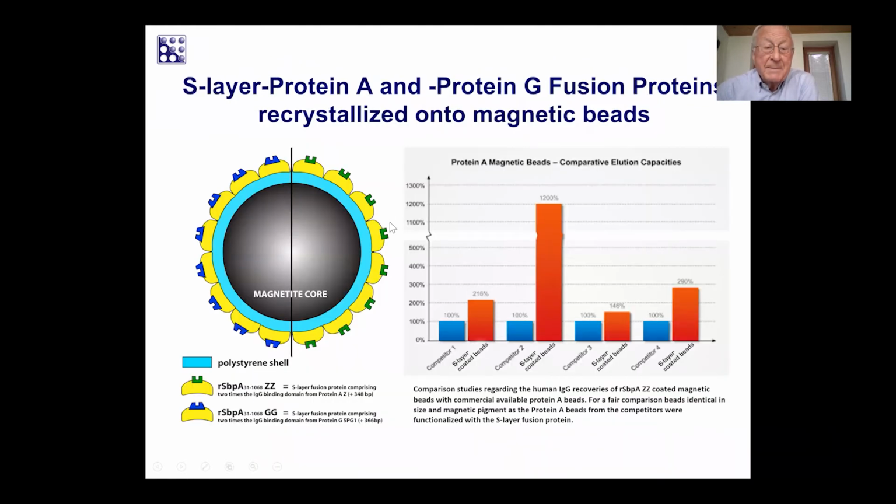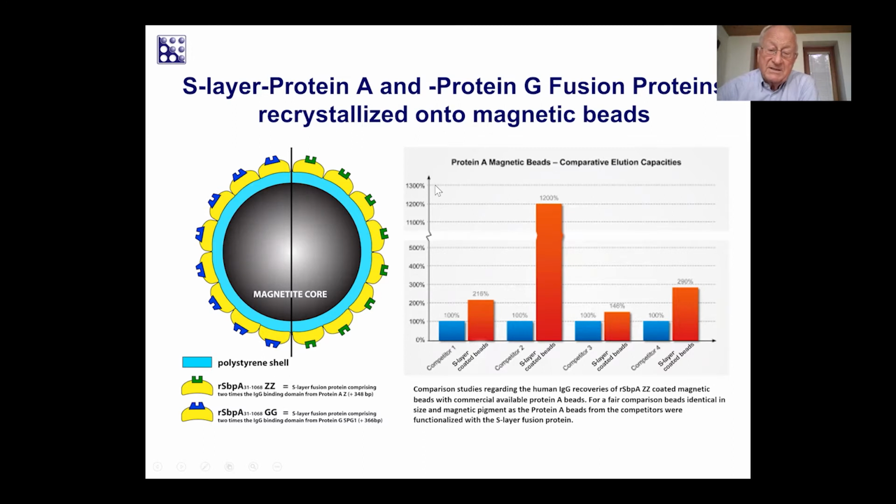Just a mistake, we coat the magnetic bead. Normally these beads are coated with a polyester shell. Then we have the S-layer fusion protein. This can be the ZZ domain here, the synthetic analog of the B domain of protein A, or it can be from protein G.